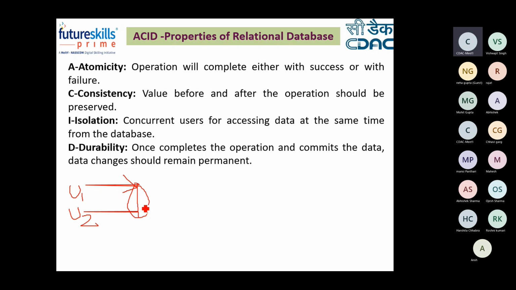Both users have accounts in the bank. User 1 wants to withdraw some amount from their account, and user 2 wants to deposit some amount into their account. So both users have different operations to perform on the database.